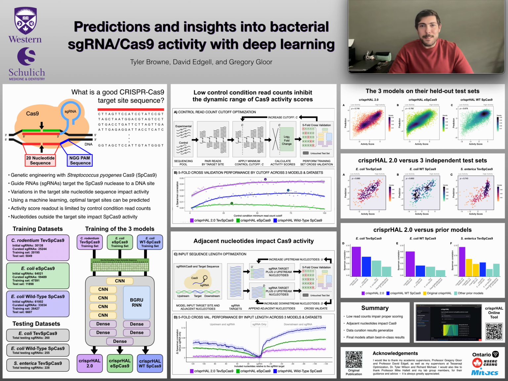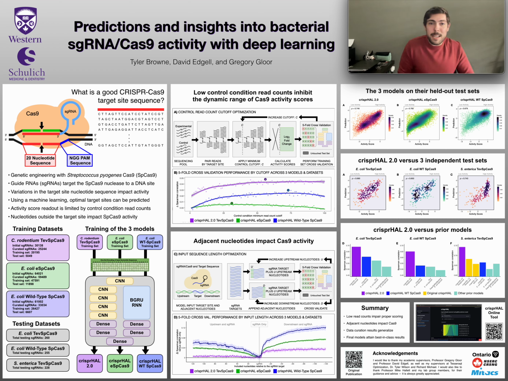Now I'm going to be talking to you today about predictions and insights into bacterial sgRNA Cas9 activity with deep learning. So to start, when you're using CRISPR-Cas9, the goal is to cut DNA. The way this happens is that Cas9, the nuclease, is targeted to a section of DNA that is 20 nucleotides long with a single guide RNA that is complementary to that site, and with, of course, the adjacent PAM.